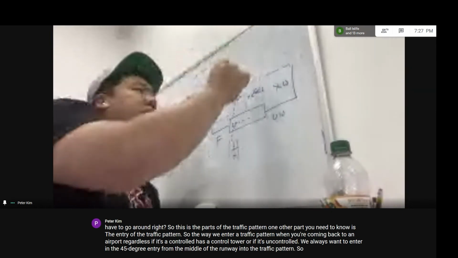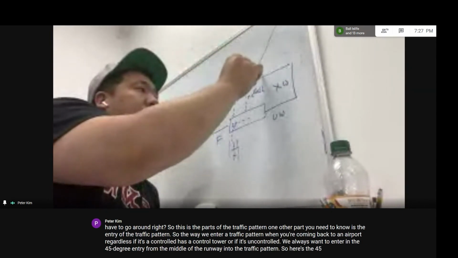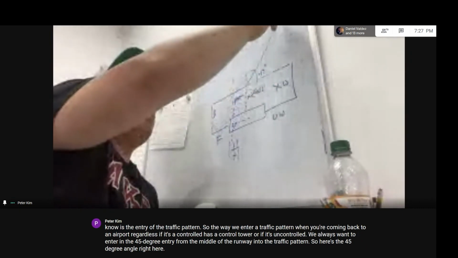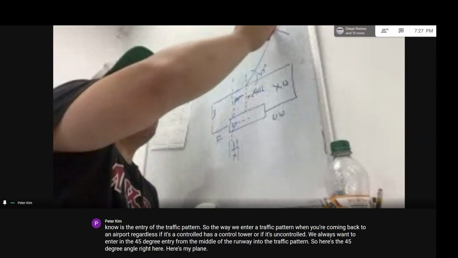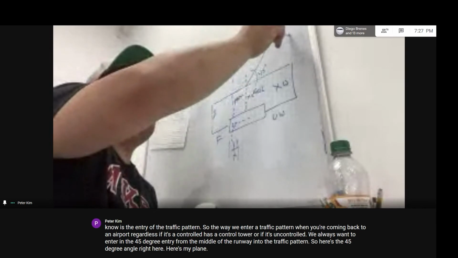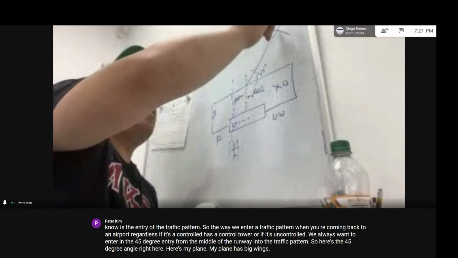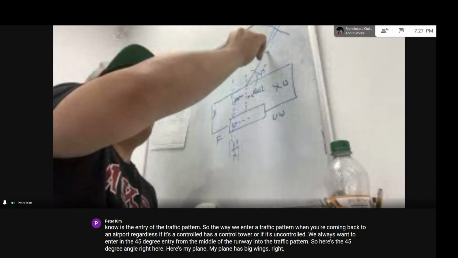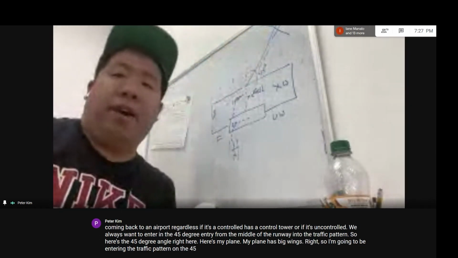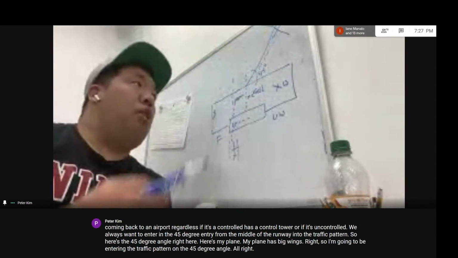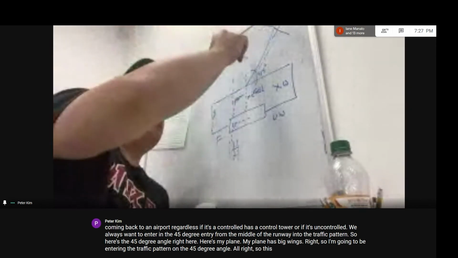So here's the 45-degree angle right here. Here's my plane. My plane has big wings, right? So I'm going to be entering the traffic pattern on the 45-degree angle, all right? This part is called the entry.